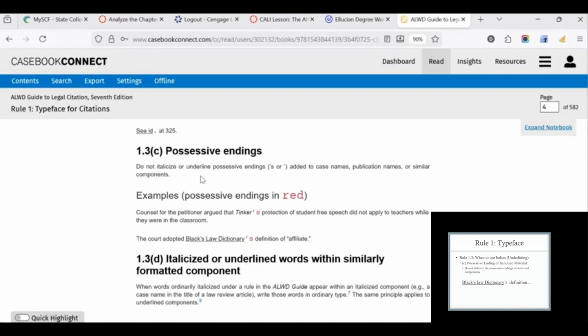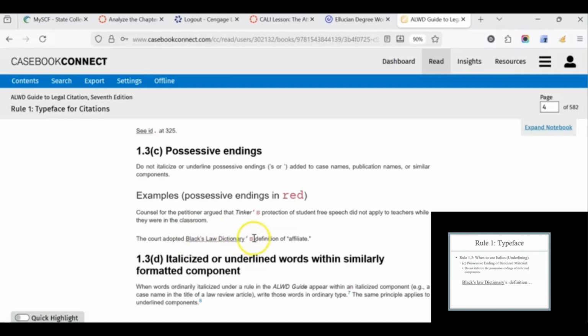So if you're looking at my example here for Black's Law Dictionary, which I just saw a typo, I'll have to fix that. So Black's Law Dictionary would all be capitalized for the first letters, but the apostrophe S in Black's is actually part of the name because it's part of the name of the actual book.